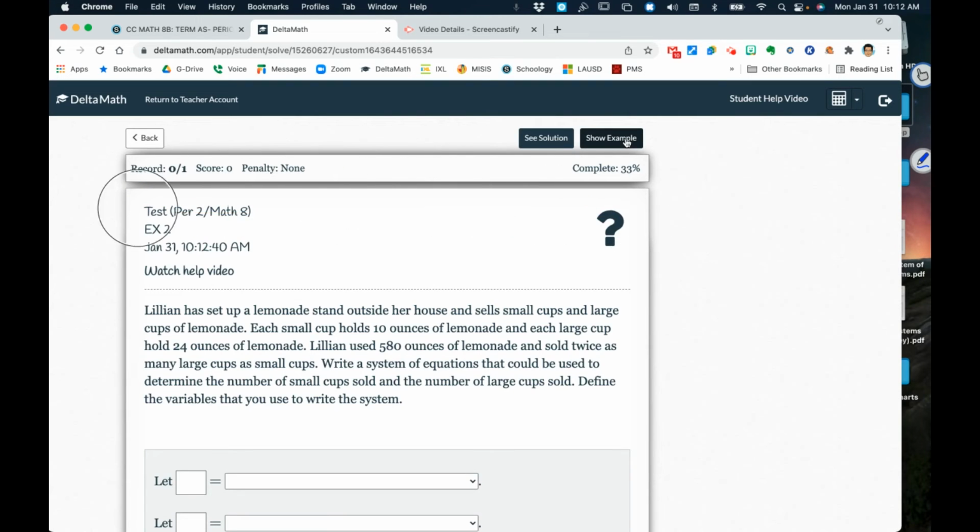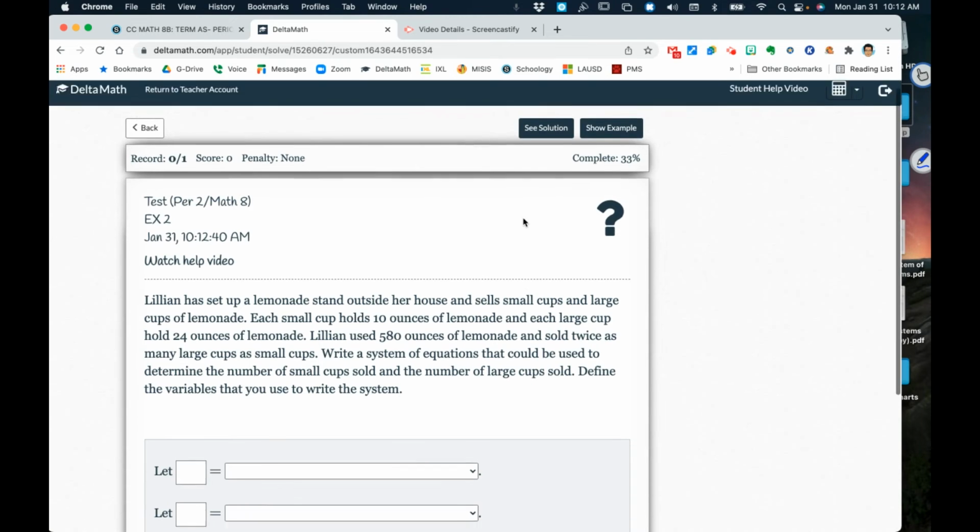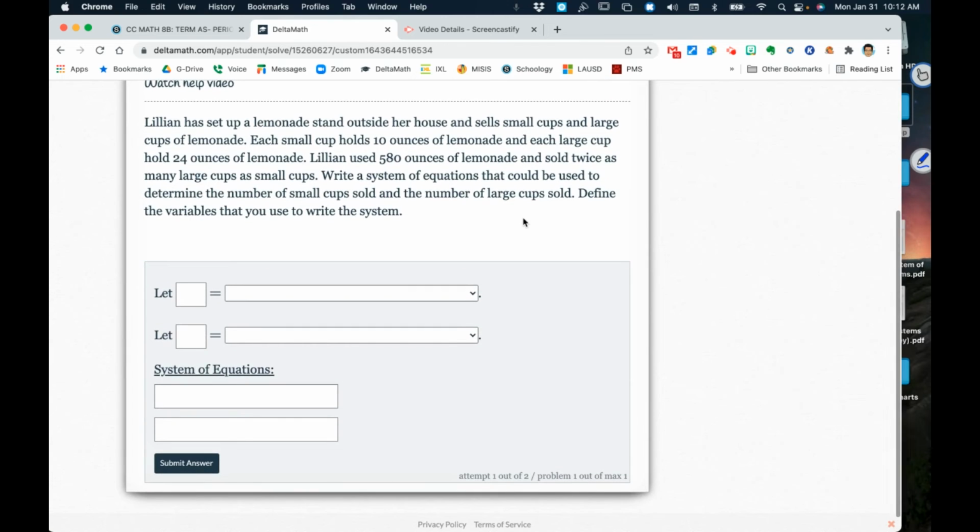So, example number 2. Let's all read it. Lillian has set up a lemonade stand outside her house and sells small cups and large cups of lemonade. Small cups hold 10 ounces of lemonade, and each large cup holds 24 ounces of lemonade.